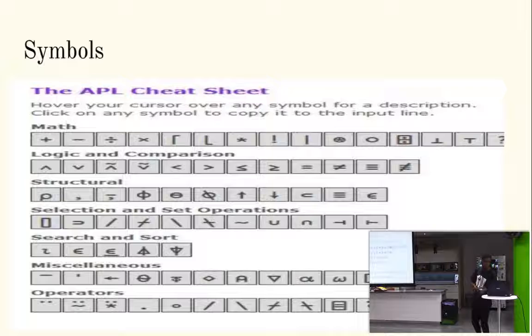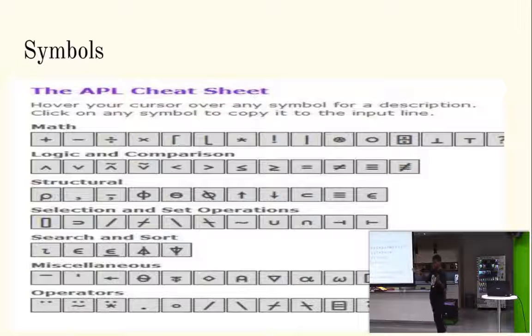So the symbols. It's all math-based. All of these symbols are actually there in maths when you do equations, and I can try to explain a few of them. You have plus and minus, which are plus and minus. And you have divide and times, which is not like any other normal programming language.